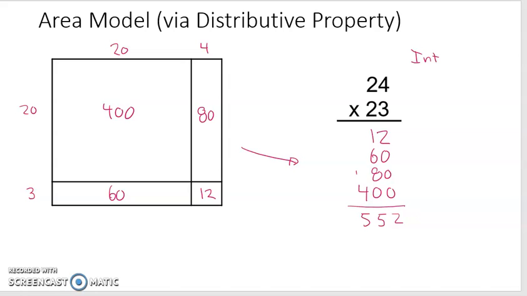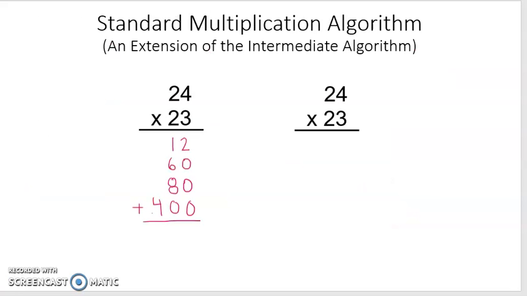Okay, so again, this is the intermediate algorithm where you keep track of each place value multiplication. Okay, finally, and this is where, so it's a long process to get students to the point where they're understanding the multiplication algorithm. What we said is, let's just look at the intermediate algorithm.